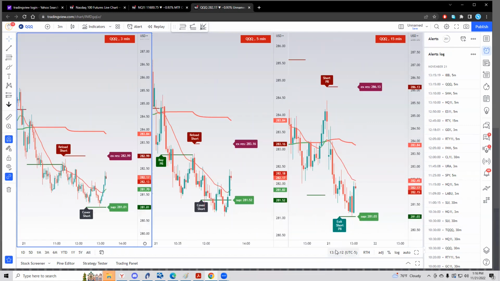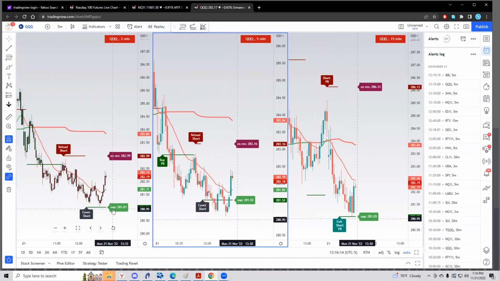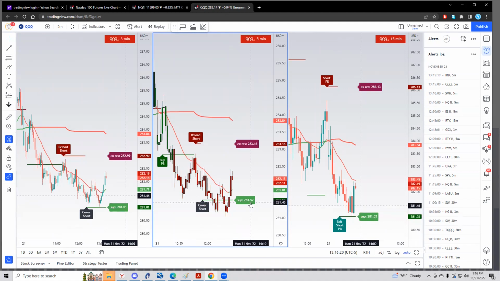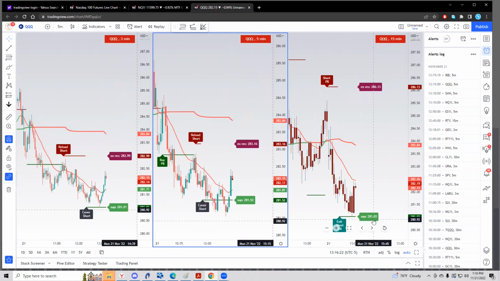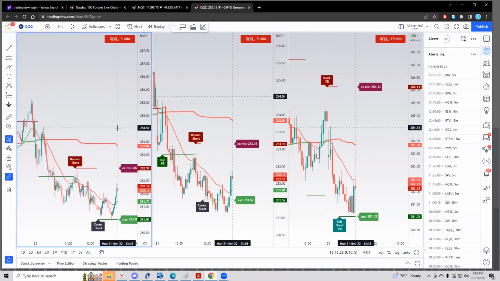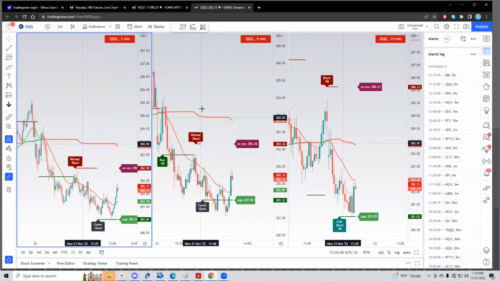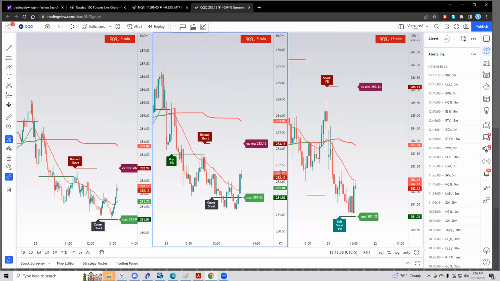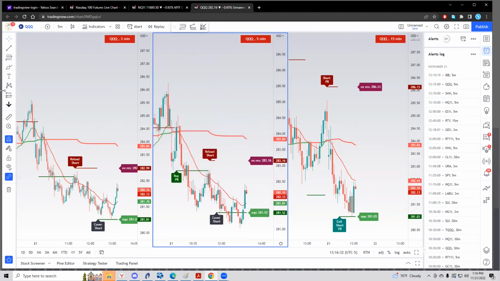And here we can see that actually price printed support at 281 on 3 minute, 281.50 on 5 minute, and 281 on 15 minute. And it might look difficult to keep tracking several time frames, and this is why I ended up coding a multi-time frame version of that same indicator, and we will be talking about that indicator later in that same video.